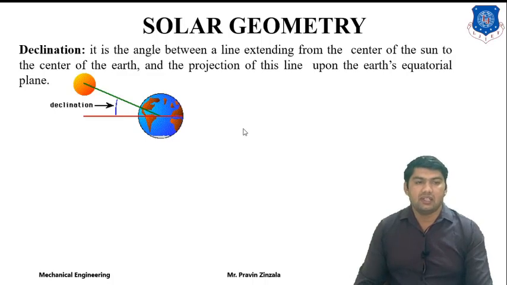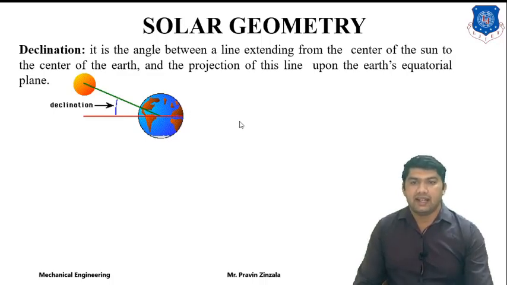In the previous lecture we also discussed the different positions and the geometry of solar. The first angle is declination.